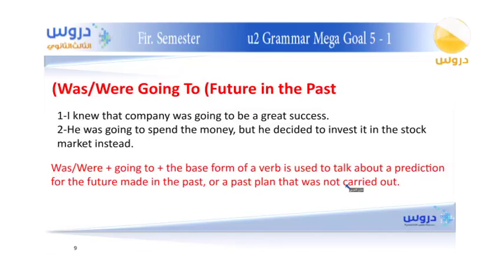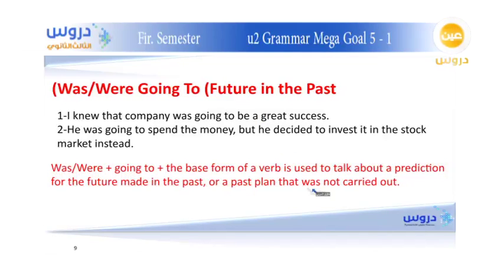So if you want to express a prediction made in the past about something that happened later, you can use was or were going to, like this one. Let's imagine a company that is now a very big success. Someone can come and say, I knew that company was going to be a great success. He predicted in the past something that happens in the future.